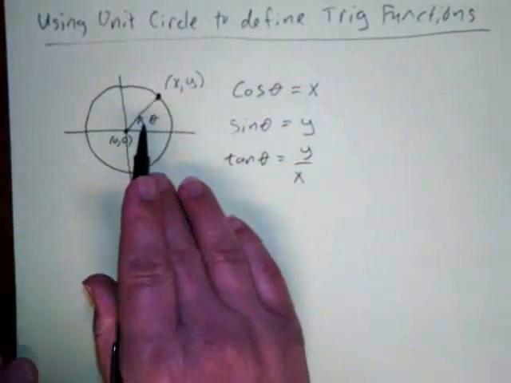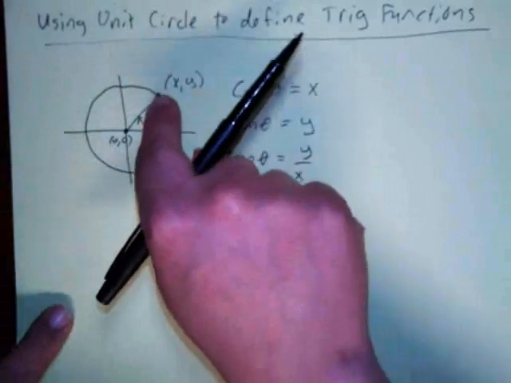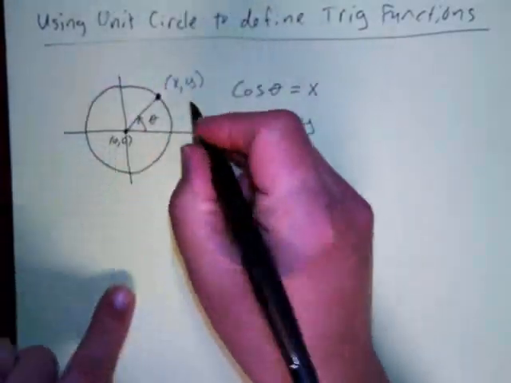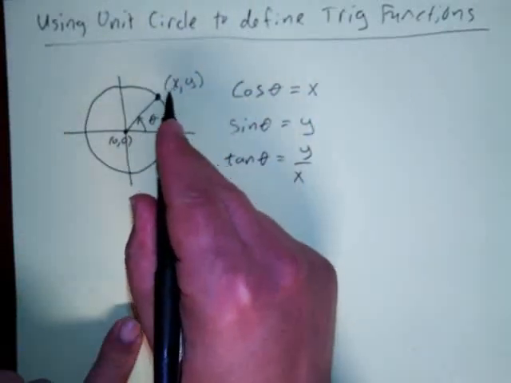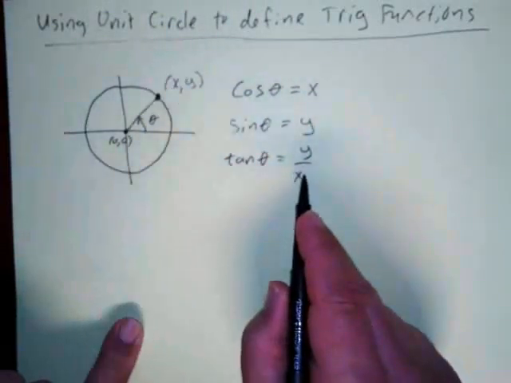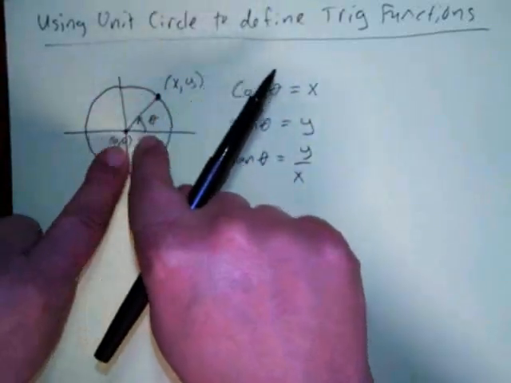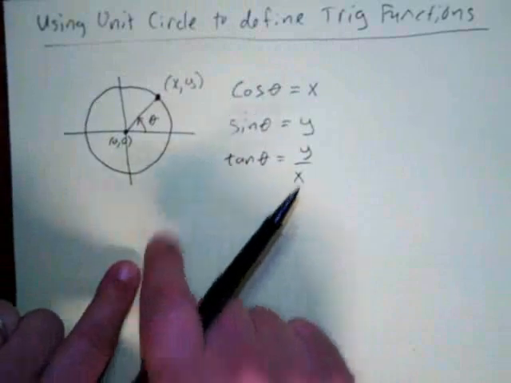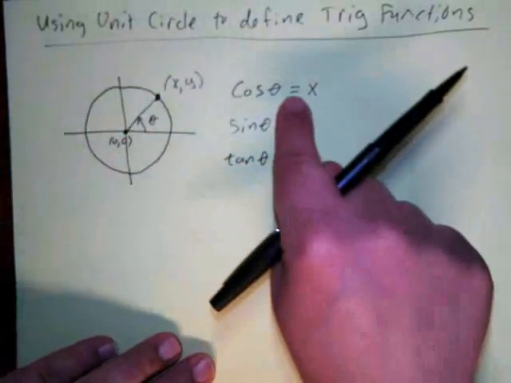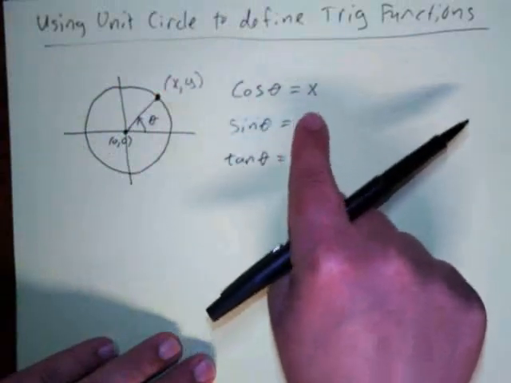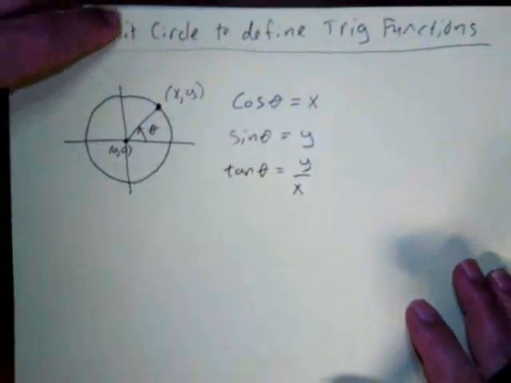The slope of that line, which would be the slope of the radius as it spins around, when you stop, will be the difference in y over the difference in x, which is just y minus 0 over x minus 0, or just y over x. So the tangent of your angle is just the slope of that radius wherever it stops. So this is the horizontal component, the vertical up and down component, and this is the slope of the line as it goes around.